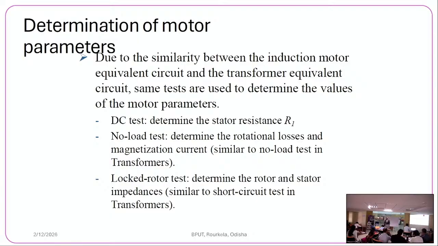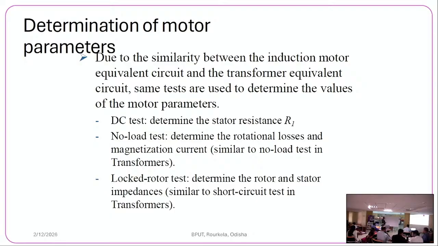In the no load test, basically it is called the open circuit test. There is no load. No load means we consider R2 dash by S as the load resistance. No load means no torque, zero torque. Power output is 0. R2 by S is the equivalent resistance. Slip is 1 at standstill condition, where this resistance value is minimum.